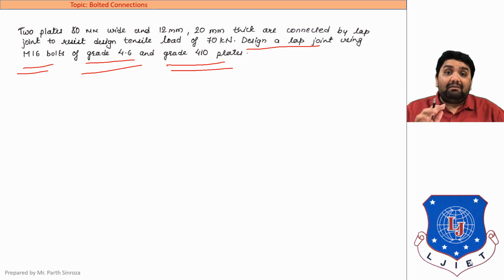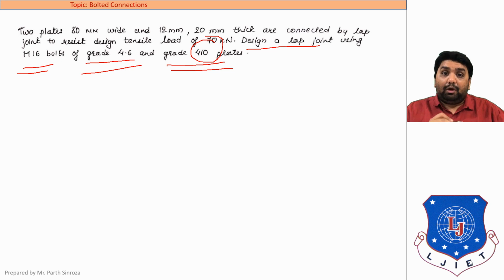Here keep in mind, we are dealing with two different constituents of steel. The main material is our plate, which has some properties, and the second is our bolt. The bolt is also made of steel, but the property of steel in the bolt will be different from the property of steel in the plate. So here the Fu of the plate is given as 410.